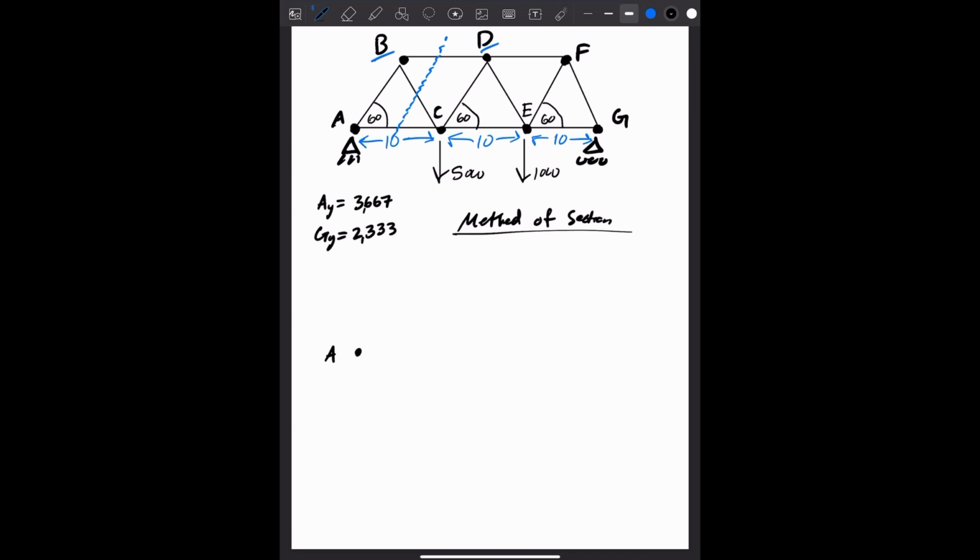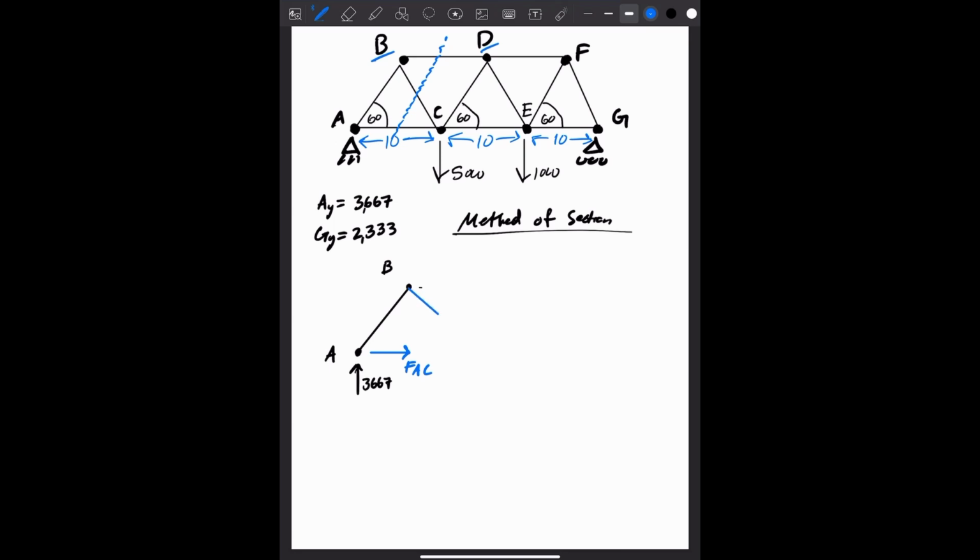We copy it down like this. This would be A. This would be B. I'm going to draw this member in here. The rest we cut through. So let's draw AY first. We have 3,667. Moving up right here, doing a different color here, we have FAC here.